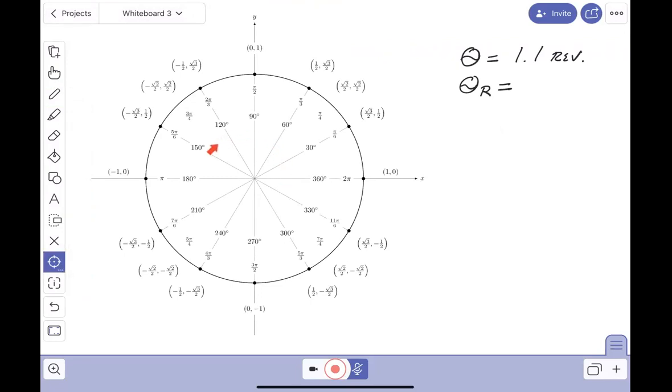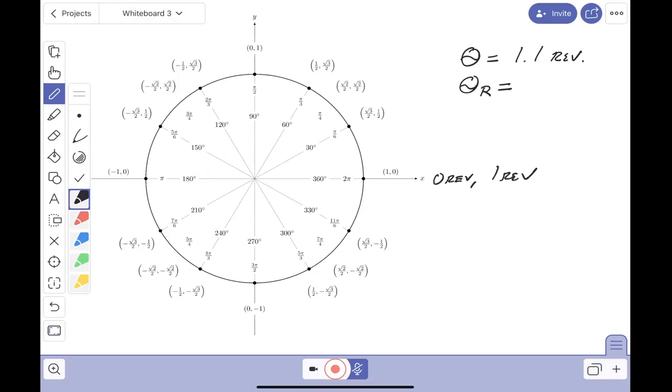You have to go around 1. Well, maybe I should write this down for you. This is 0 revs, or 1 rev. This here is 1/4 of a rev. This over here is 1/2 of a rev. This over here is 3/4 of a rev.